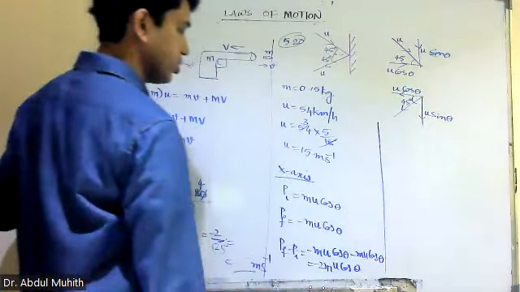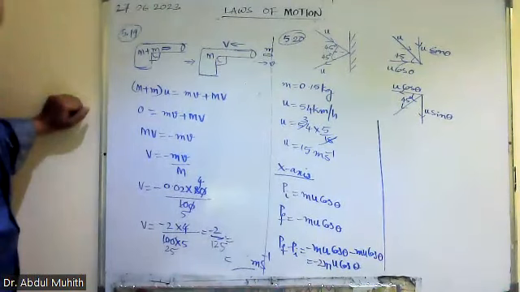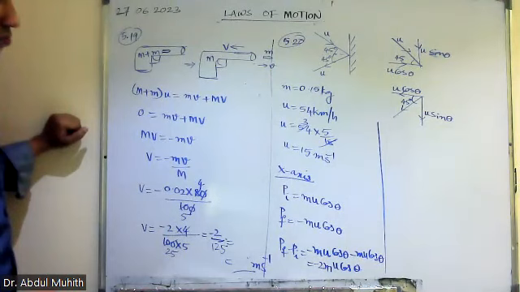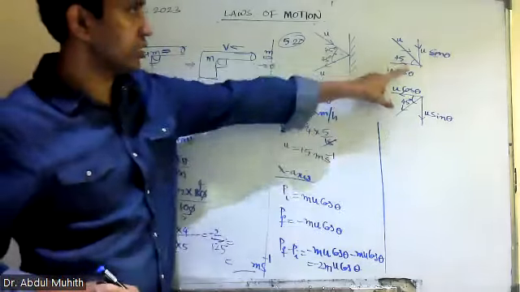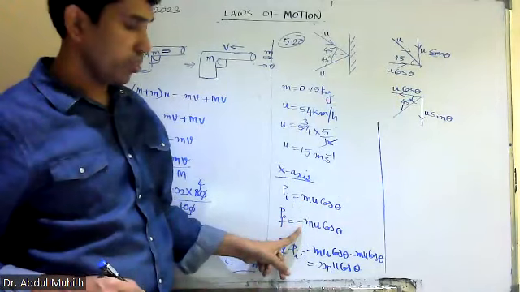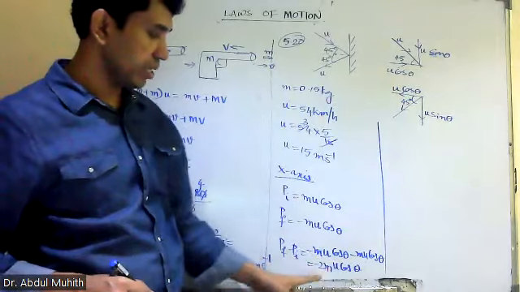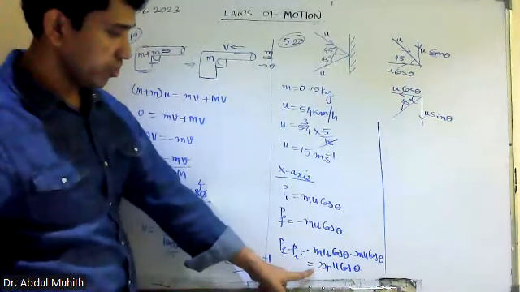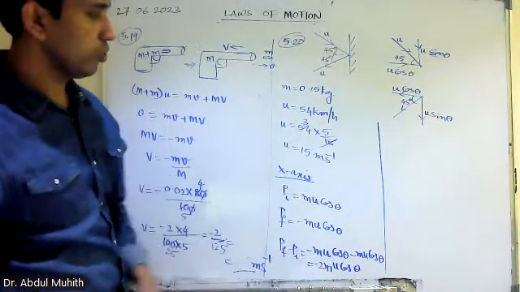Initially it is along the positive x-axis, then the negative x-axis, so that is why we took this positive and this negative. It is correct. So it is minus 2mu cos theta. Clear? Yes, sir.